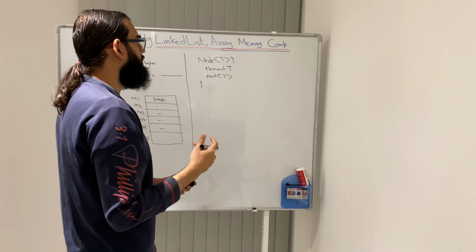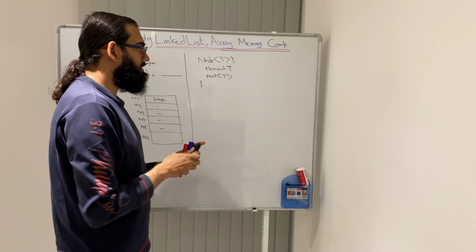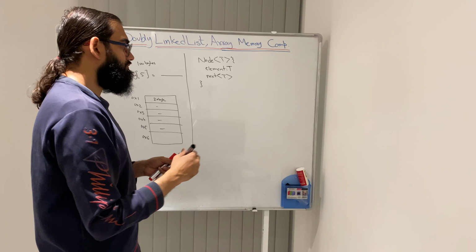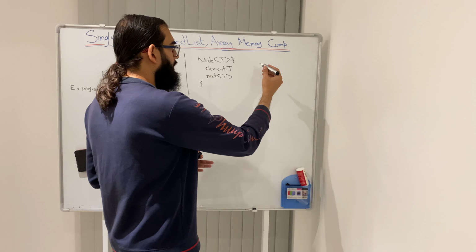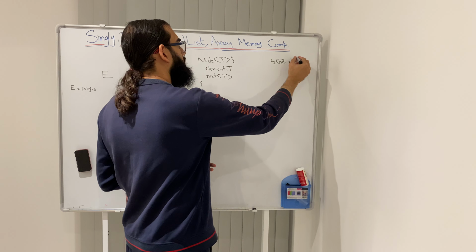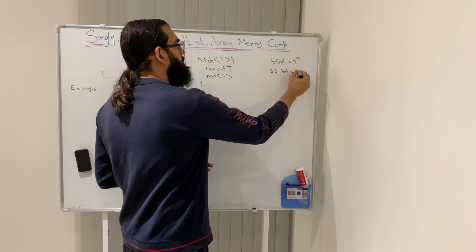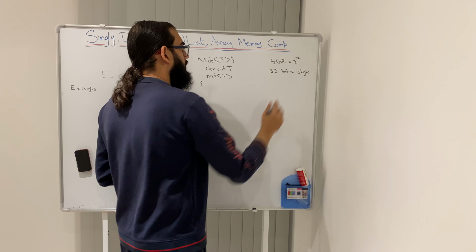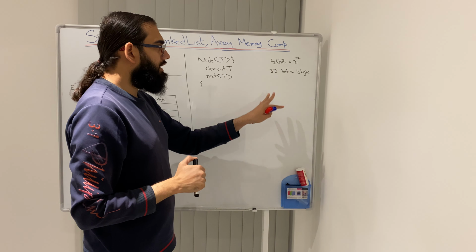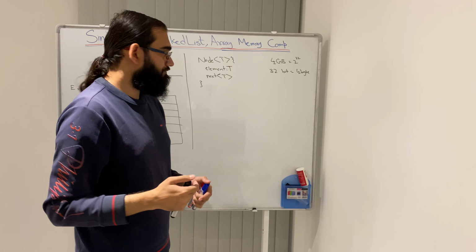In case of C and C++, most of the time we have a pointer, and as we know, a pointer always saves an address, a memory address. If I have 4 GB of RAM, which is 2 power 32, so a 32-bit system, that is 4 bytes. So in C and C++, if I create a pointer and the system is 32-bit, it means 4 bytes for every pointer I use.